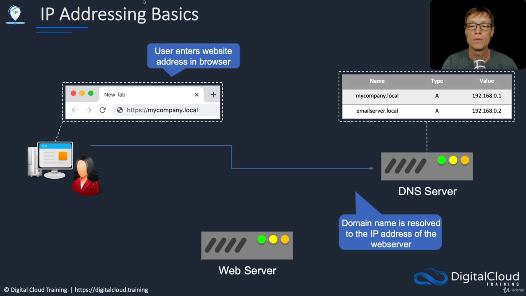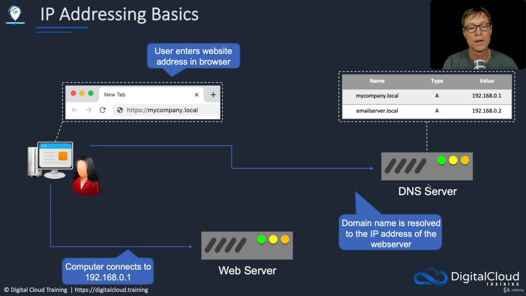So in this example, the DNS server has a zone file, and that zone file tells the computer that mycompany.local has an IP address of 192.168.0.1. That information then gets sent back to the computer, and the computer can then connect to the web server using that IP address.